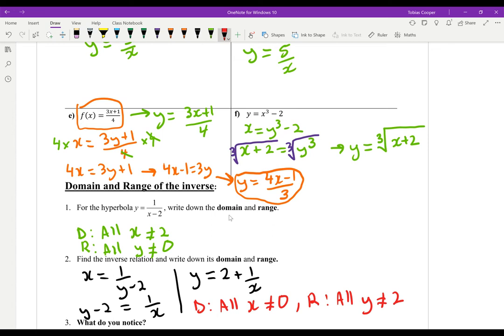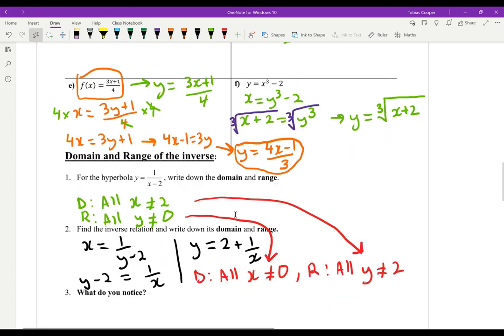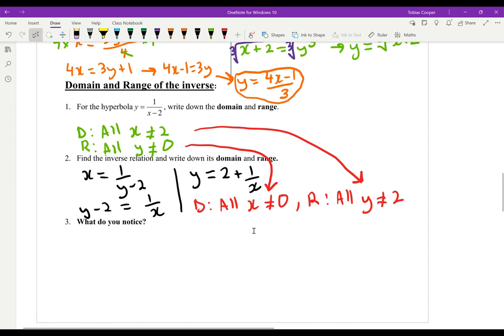So what you should notice is that the domain and range values have been swapped around. So all x not equal to 2 becomes all y not equal to 2 for the inverse. And the range, all y not equal to 0, becomes all x not equal to 0. So the domain and range values are swapped over for the inverse relation. So that's what we notice.